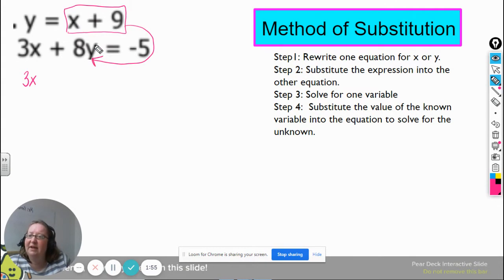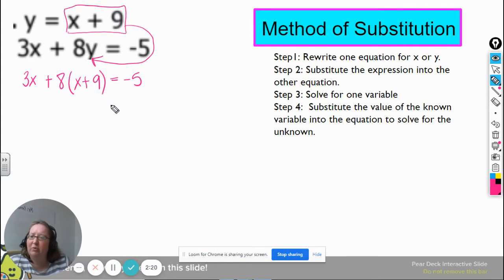Rewrite everything except for when you get to y, we're going to do something different. 3x plus 8. So now instead of writing y, I'm going to write this whole thing. And I'm going to put it in parentheses. Why? Because 8 was times whatever y was. So now it's 8 times this whole thing is equal to -5.